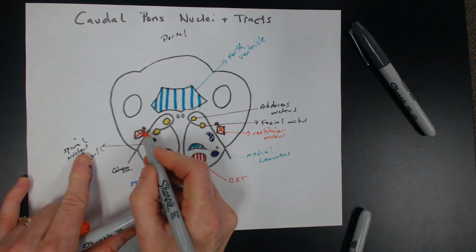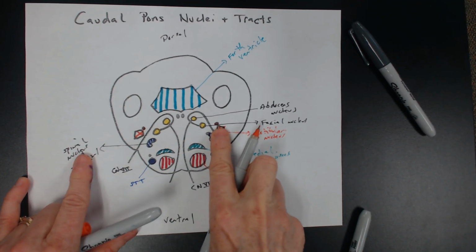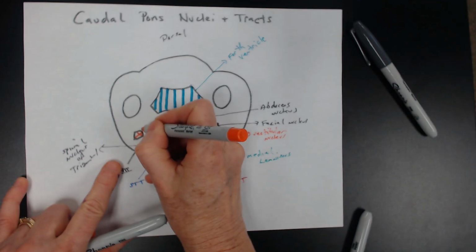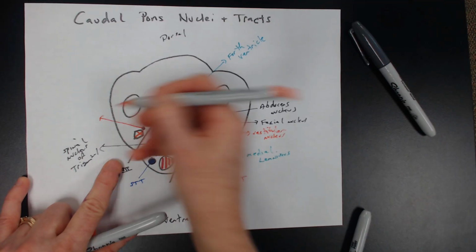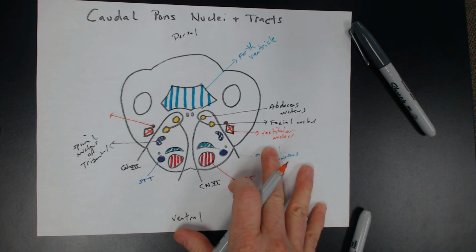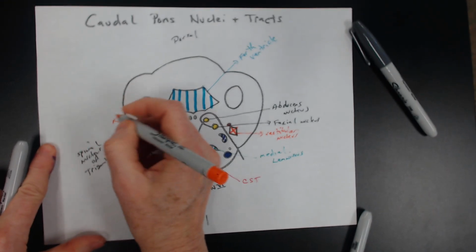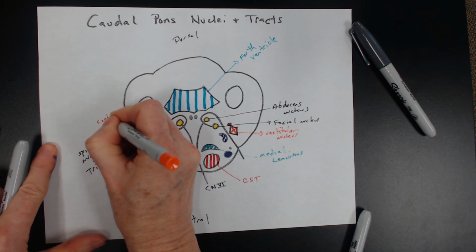And closely associated with the vestibular nucleus, the little circle just above it, that's going to be my cochlear nucleus. Vestibular nucleus receives information from the vestibular system. Cochlear nucleus receives information from the cochlea.